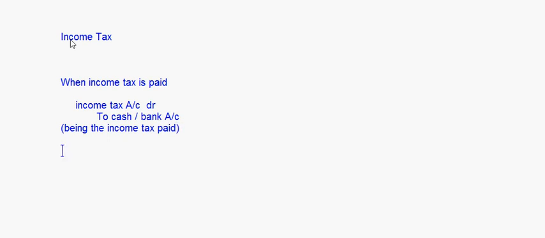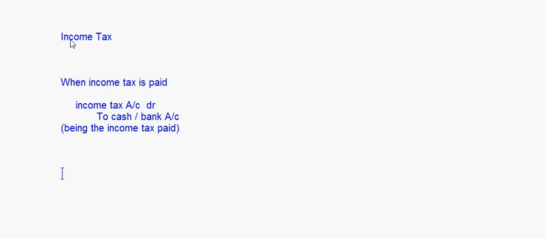Okay, after that, this is income taxes paid. This is something which is treated as the drawings of the proprietor, because it is not related to the business. It is not something which is an expense of the business. It is basically for the individual, right?